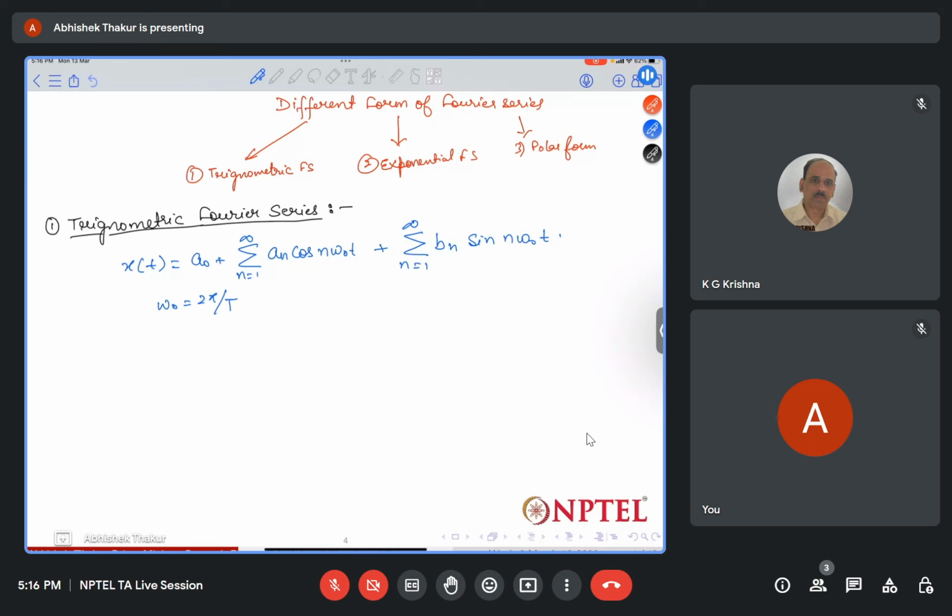Basically, a naught is also called the DC coefficient because it is independent of the frequency components. So for finding a naught, we'll integrate on both sides.